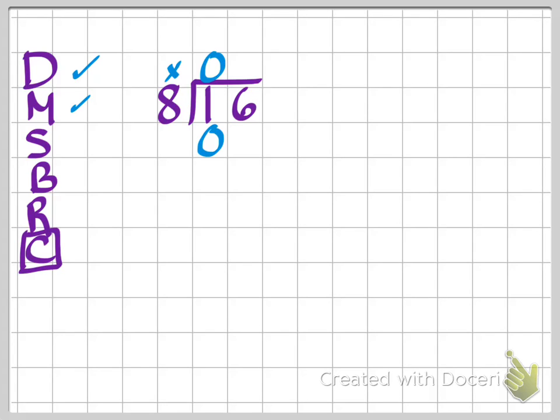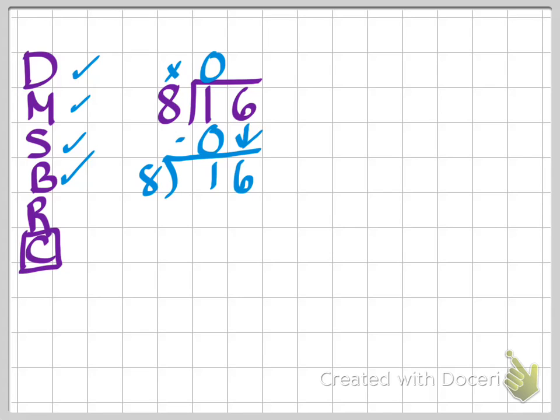You divide, multiply, now you have to subtract. 1 take away 0 is still 1. Check. Now you have to bring down. So you bring down the 6. Check. And the R stands for repeat. So you have to go back up and do it all over again.